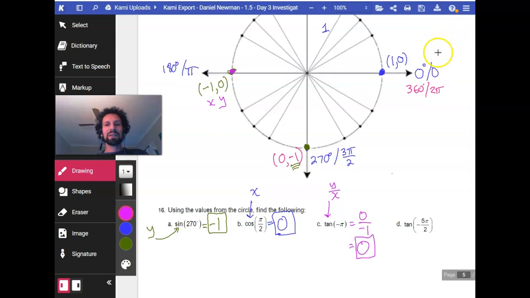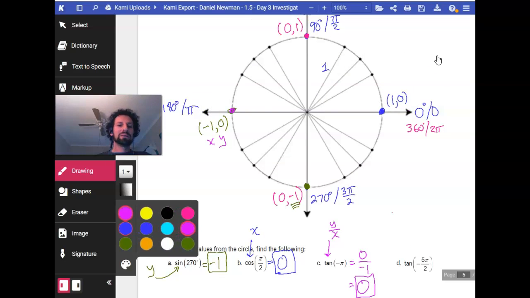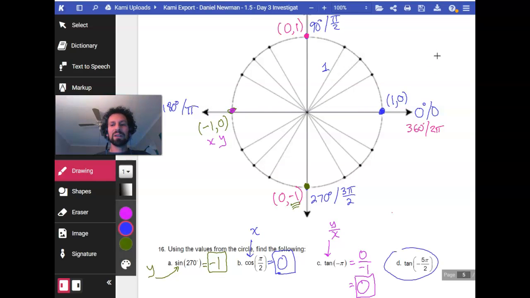Lastly, let's look at this final problem, D. What's the tangent of -5 pi over 2? So let's locate the angle first of all. We're rotating negatively, so -pi over 2, -2 pi over 2, -3 pi over 2, -4 pi over 2, -5 pi over 2.